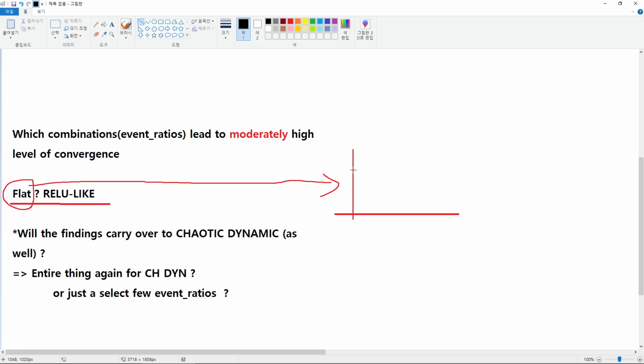And when I say flat, the top something percent would have the same probability of being chosen.